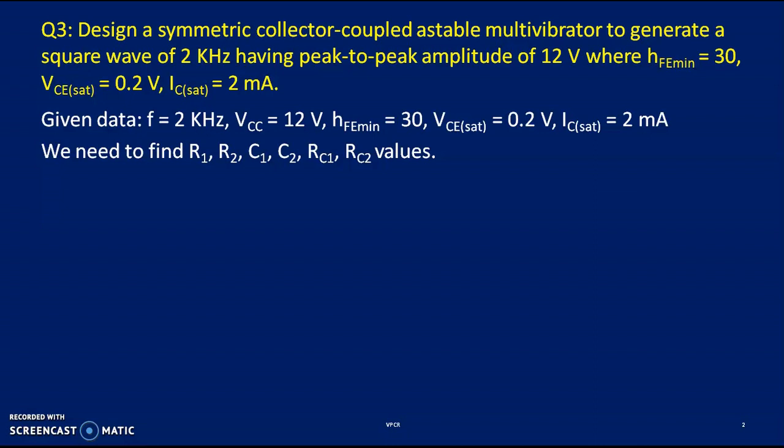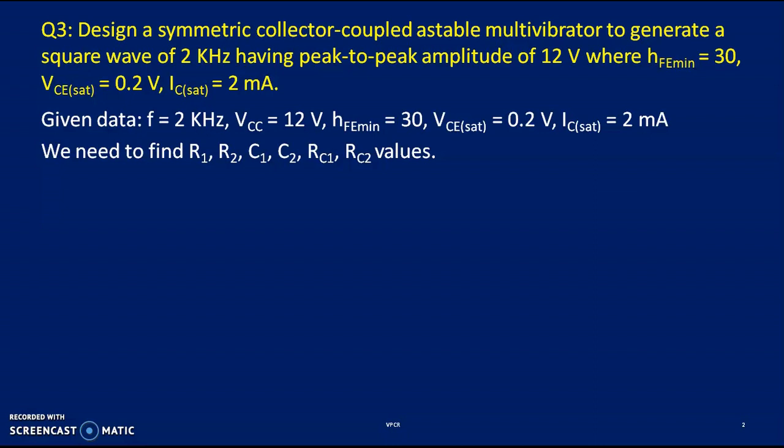See here the problem is design a symmetric collector coupled astable multivibrator. Whenever you come across this kind of problem, that means whenever your problem is starting with design, that means you are asked to design any circuit, that means indirectly or directly designing means you need to find out that circuit element values according to or satisfying the given conditions.